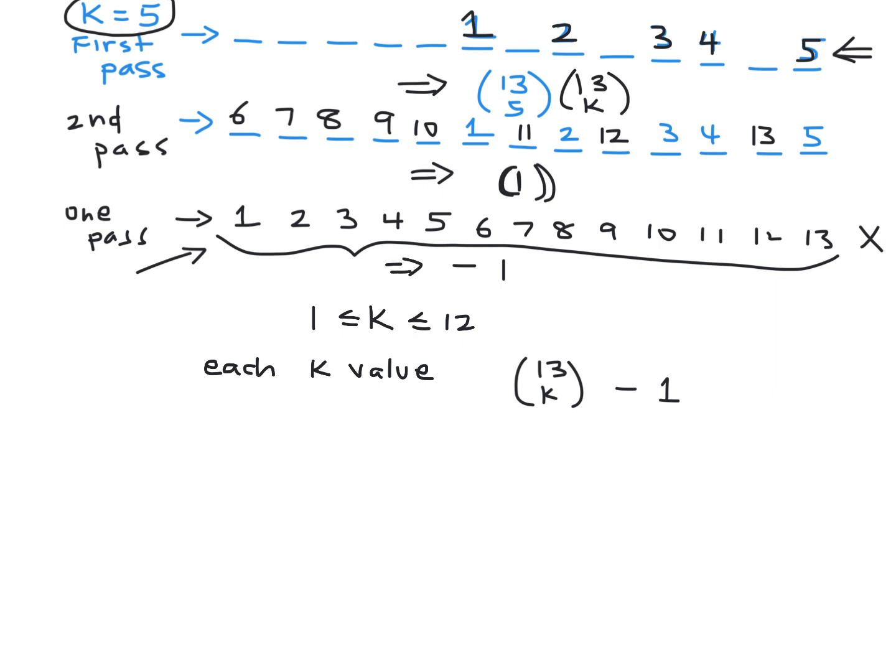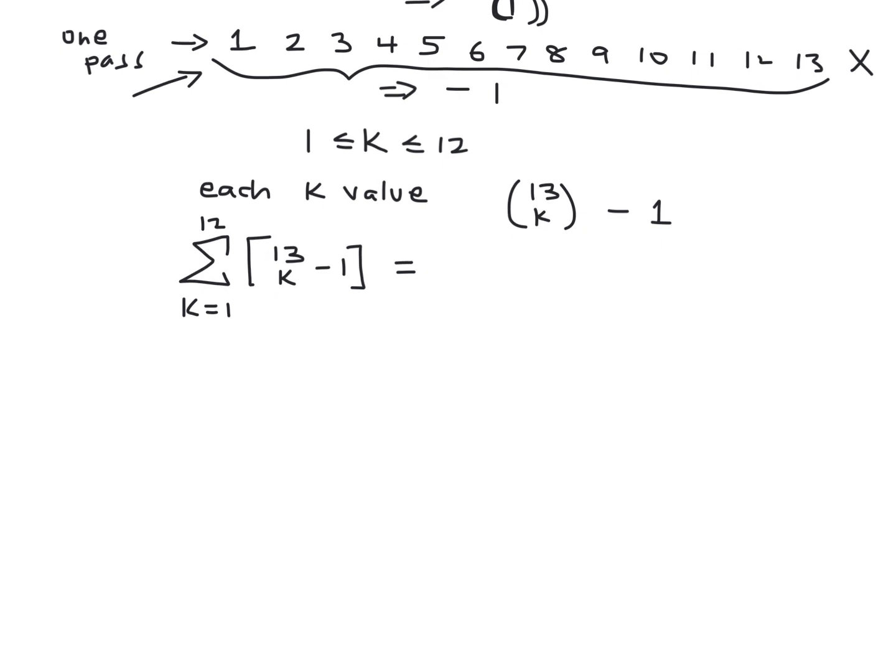So essentially it becomes a summation type of scenario where k is going from 1 to 12, and you're calculating 13 choose k minus 1 for each of those. And I think most of you are pretty familiar with summation notation. So this would basically be the sum of 13 choose k for k equals 1 through 12, and then this will be a minus 12.